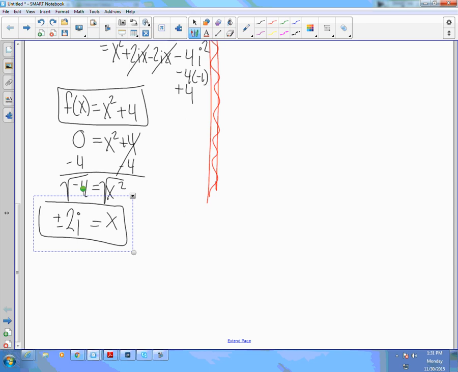Neither. Why is it neither? They're imaginary. You have to be real to be an x-intercept. So these are zeros, but they're not x-intercepts. We have no x-intercepts, because they're not real.